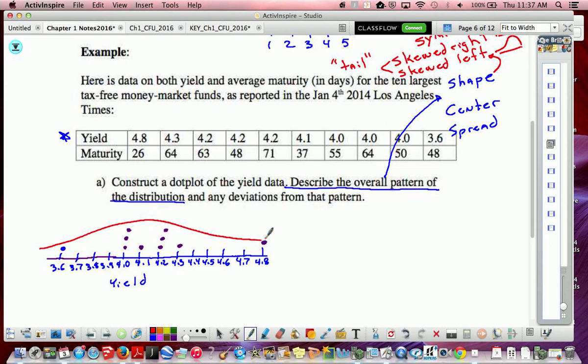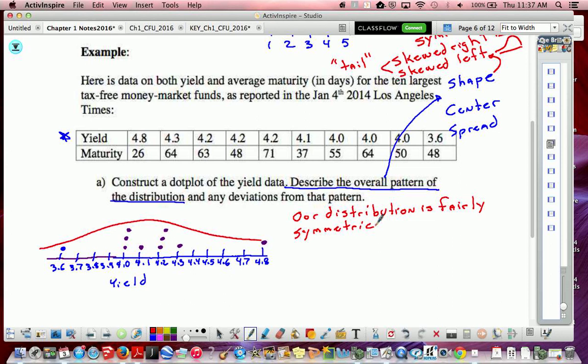So in this case, if I were to describe the overall pattern, we'd say our distribution is fairly symmetric. Now, that's just the shape.